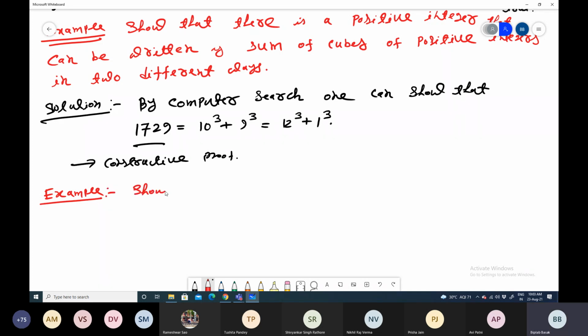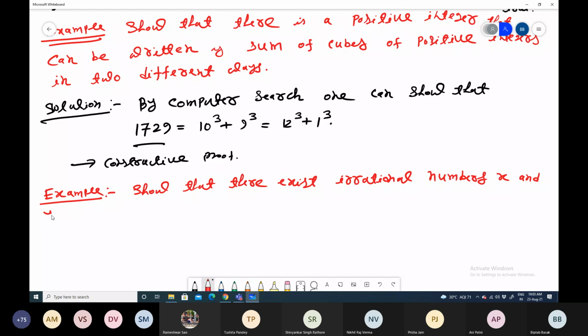Show that there exist irrational numbers x and y such that x to the power y is rational.